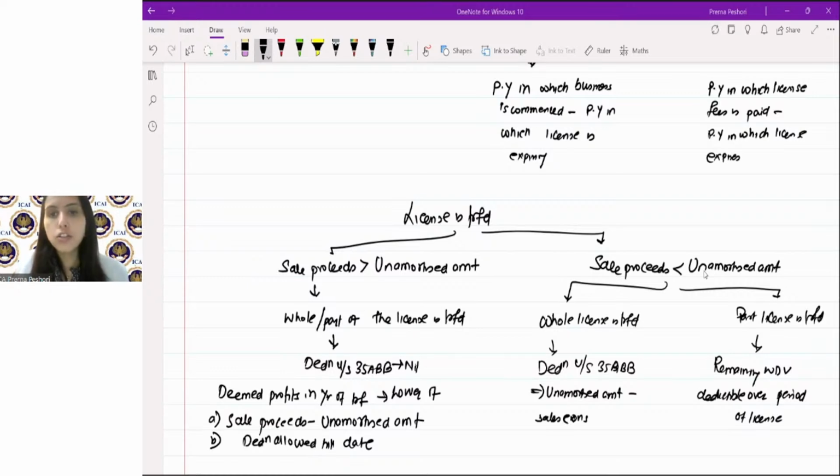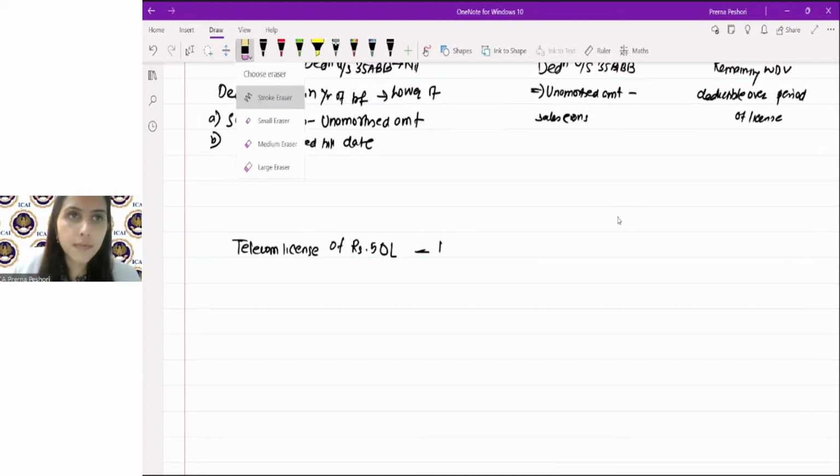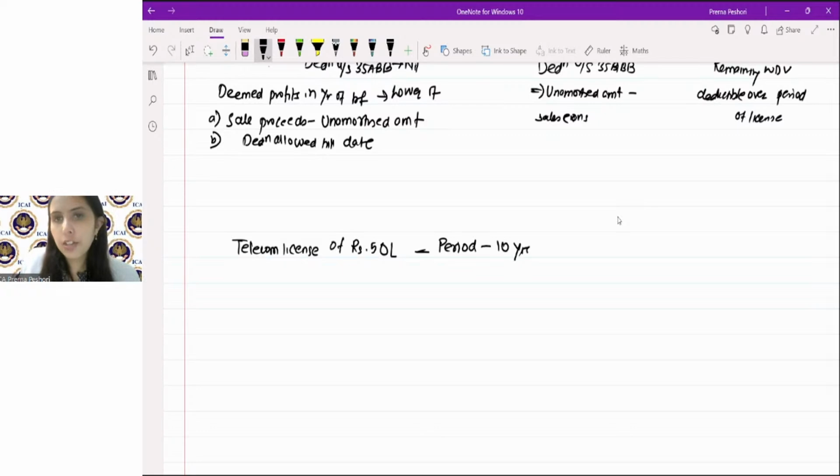So let me give you a quick example for this so that you are able to understand it in a better way. Right? So just write down the example over here. Let's say a telecom license of rupees 50 lakhs. The period is for 10 years.